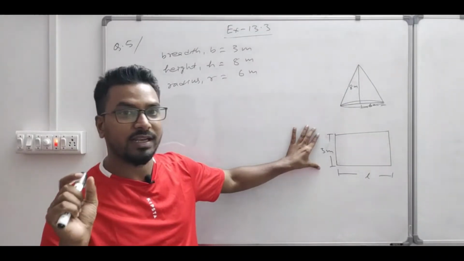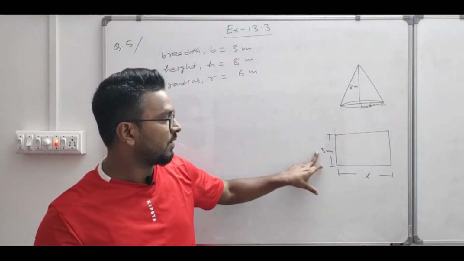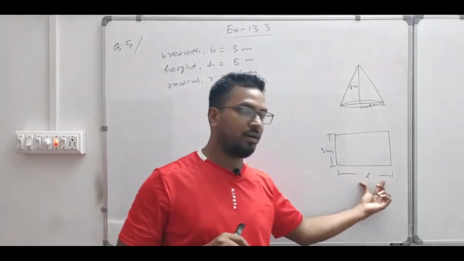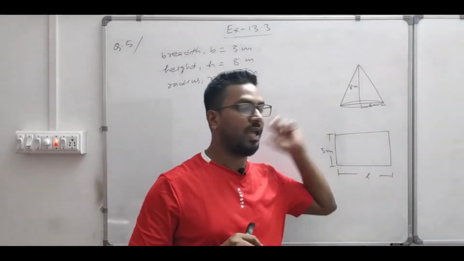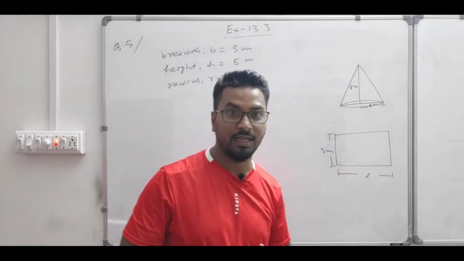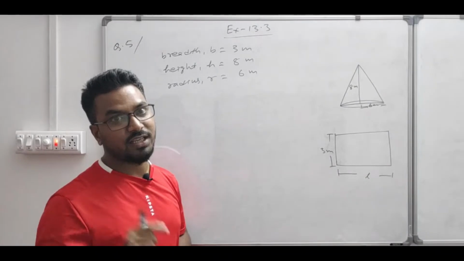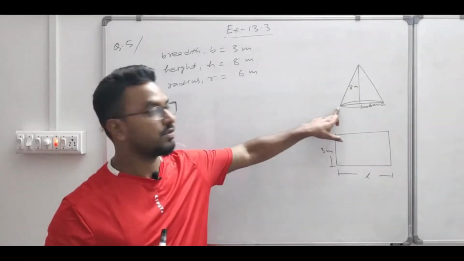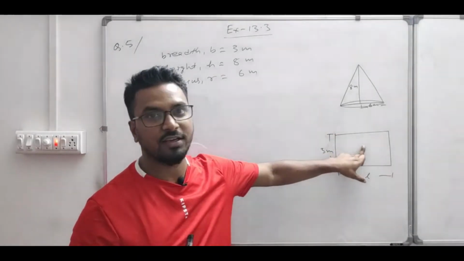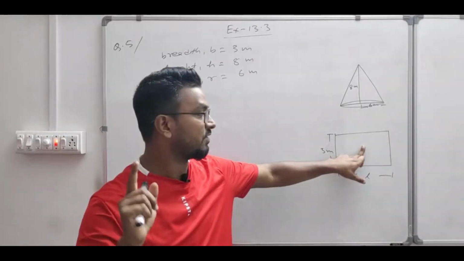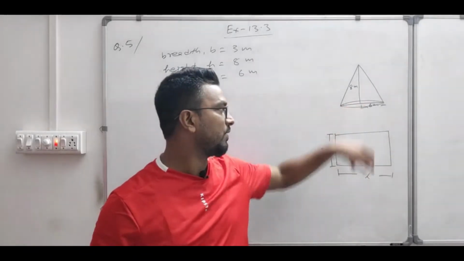Tarpaulin is usually rectangle shaped. What should be the length of the tarpaulin so that you can make a tent of height 8 meter and radius 6 meter? First we have to find the surface area of cone, because the surface area of cone is equal to surface area of tarpaulin. So the area will be the same.